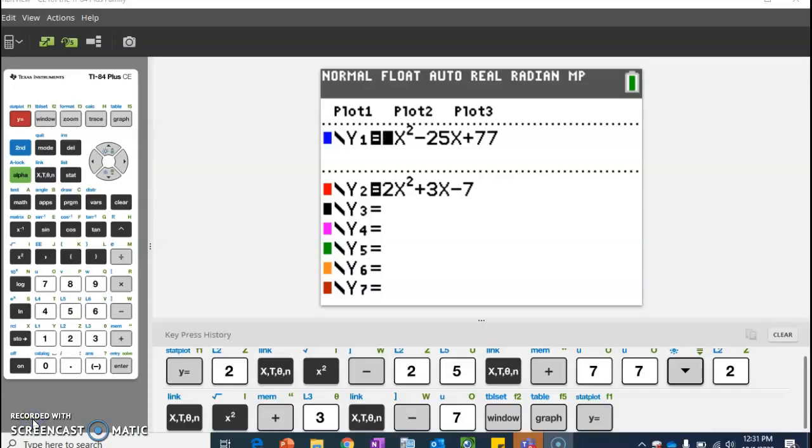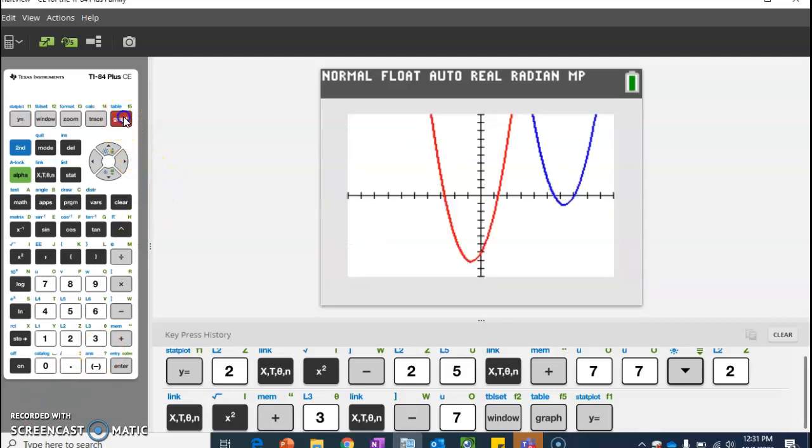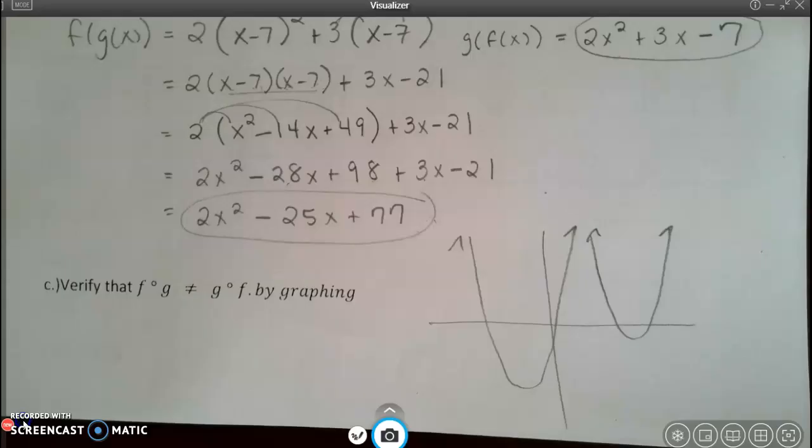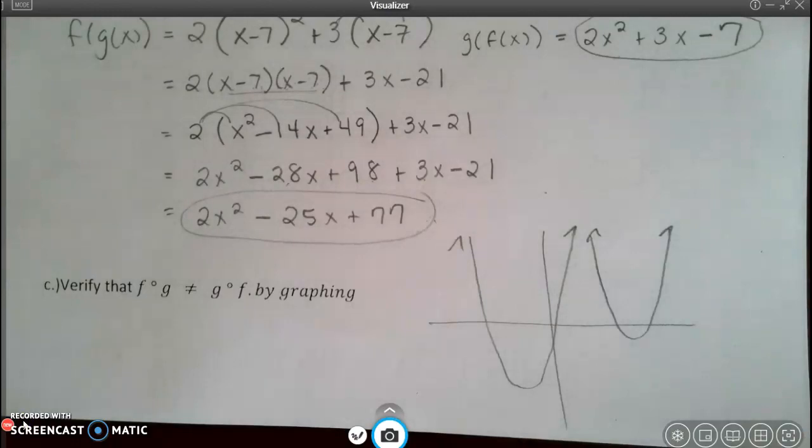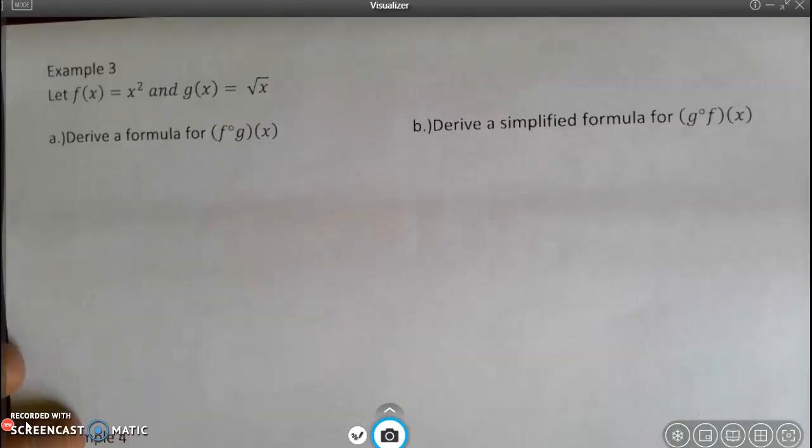I've gone to y equals, and I've typed each equation into y equals, and I'm going to hit graph, and sure enough, they are not the same. So I could draw a little sketch of this on my paper. All I did here was draw a little sketch of what I had seen on the graphing calculator.